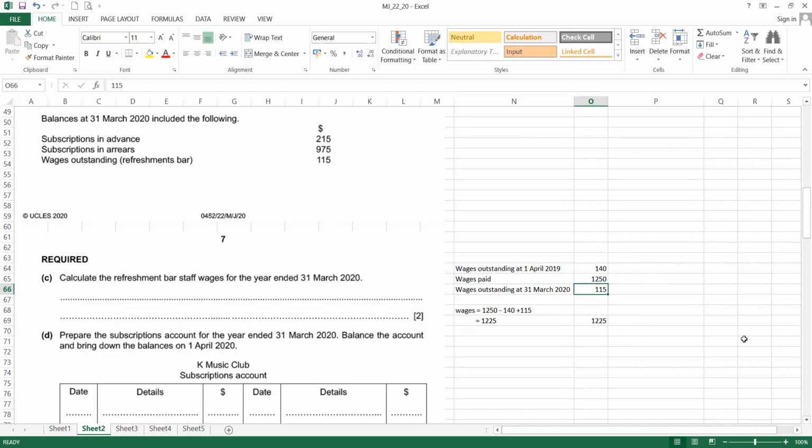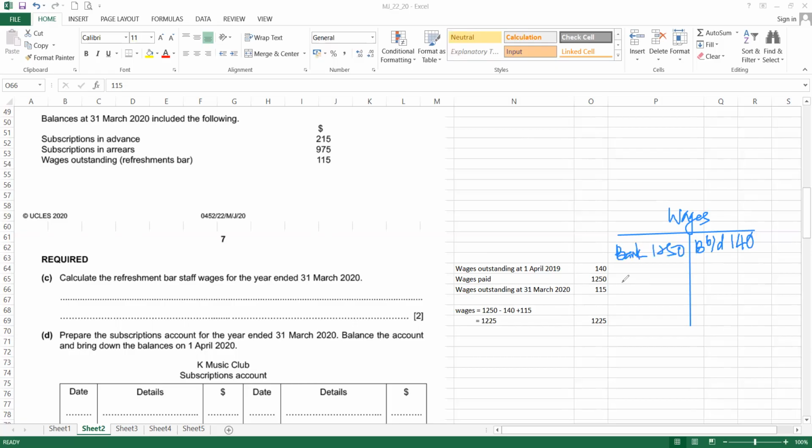If you talk about the T account, now I'm using the simple T account to show the impact for the wages account. Okay, this is a wages account. Beginning of the year, we have a balance brought down in here, 140, which is a liability. During the year, payment, this is a bank payment amount, 1250.